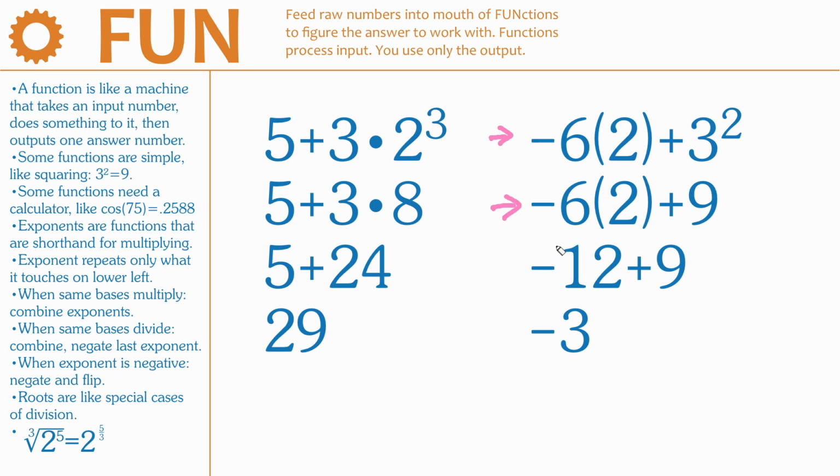Okay, now, do I see any multiplying or dividing before I do any adding or subtracting? Yes, I do. Minus 6 times 2 is a negative 12. That comes down, and then the plus 9 is copied. Now, my last step, always my last step, I will combine the numbers I have left. Negative 12 plus 9 is negative 3.